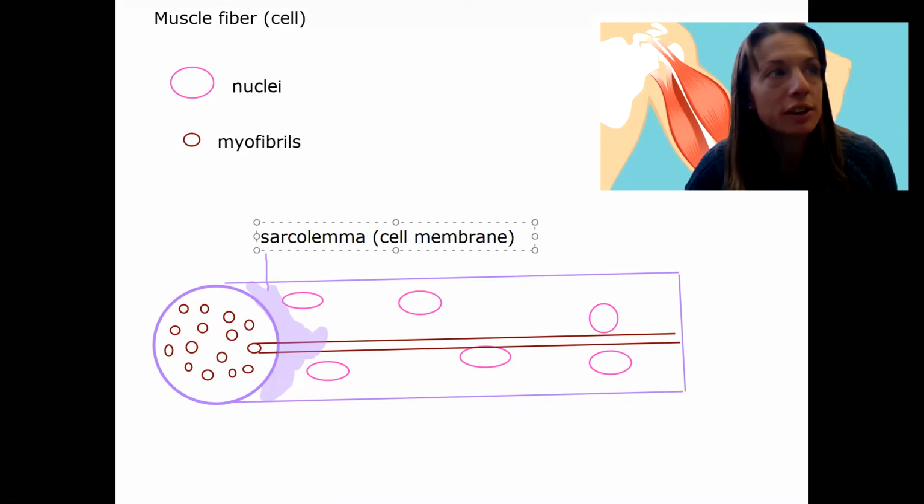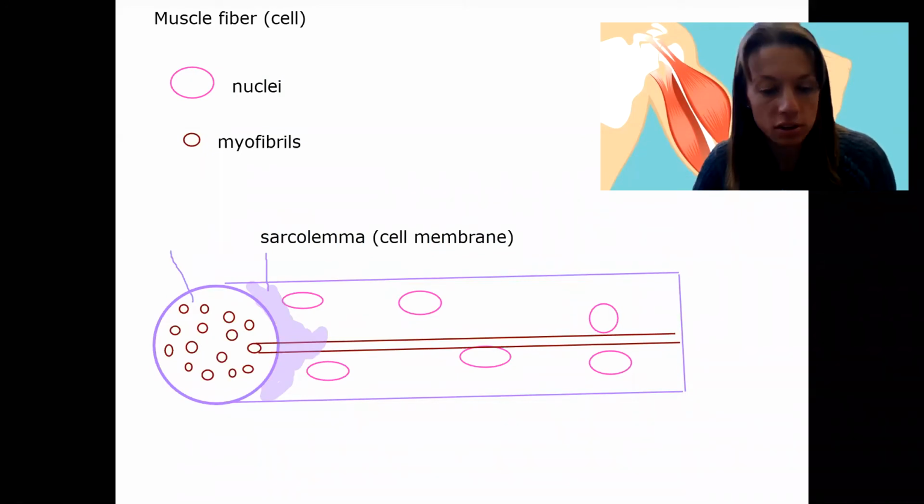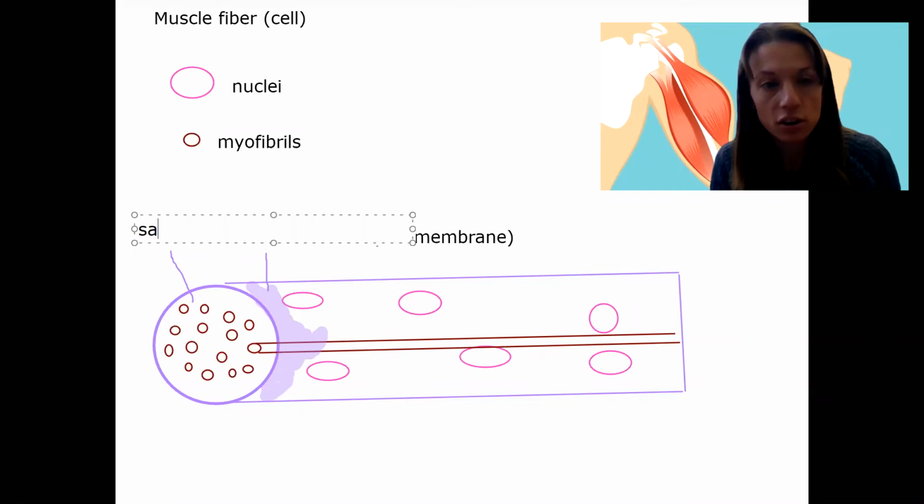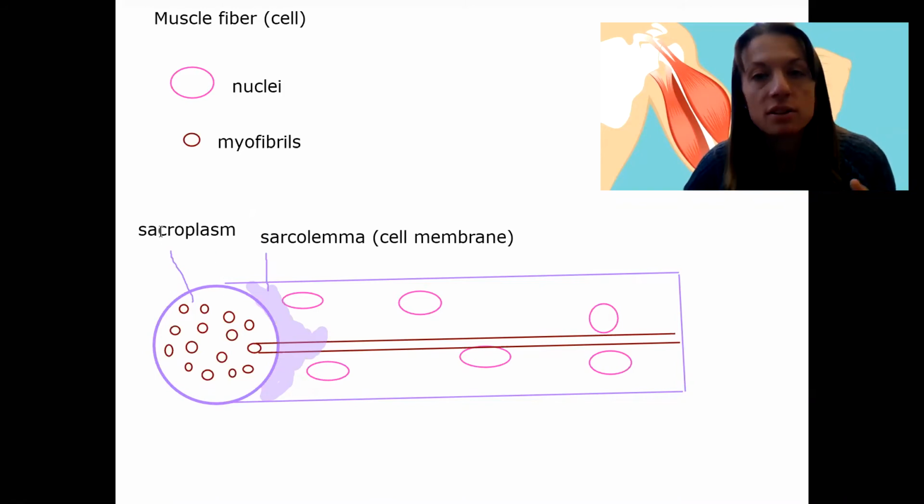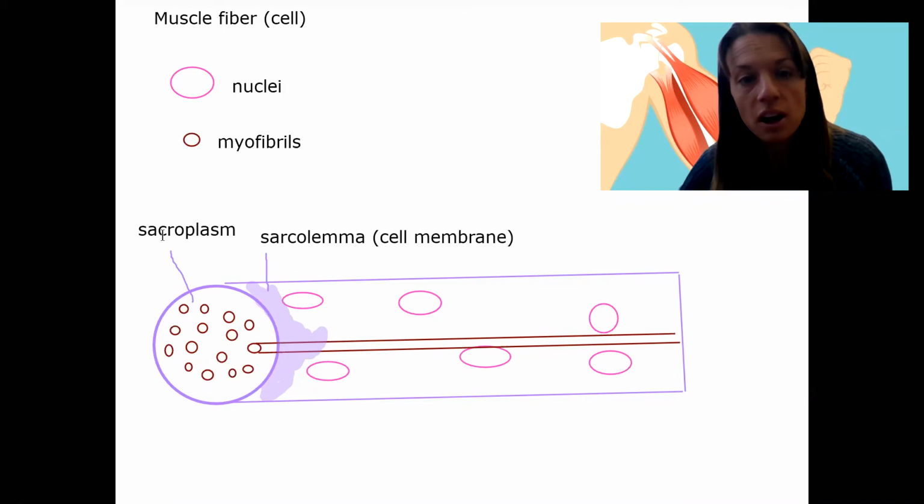There's also a special name for our cytoplasm. The cytoplasm of a muscle cell is called the sarcoplasm. Makes some sense, right? Sarcoplasm is where there is the aqueous solution of the cytosol itself, as well as all of the organelles that are in a muscle cell.